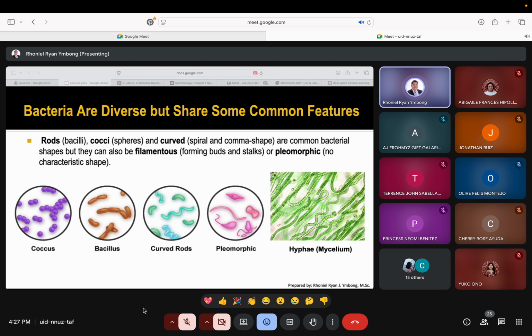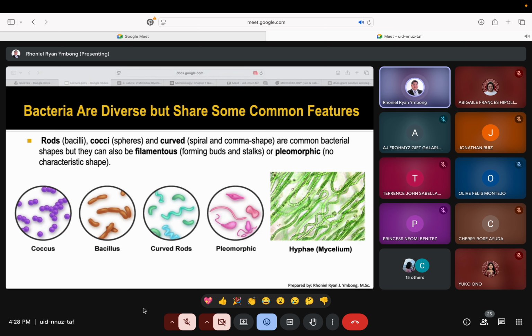Now, there are also bacteria that cannot fit in these particular categories of spherical, rod or curved rods. They have their own shape, and these are what you call pleomorphic bacterial shape.